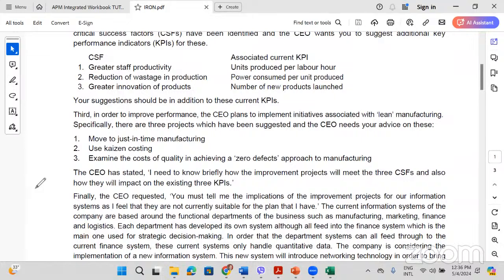Reduction of wastage. Yes. Again, no innovation, right?